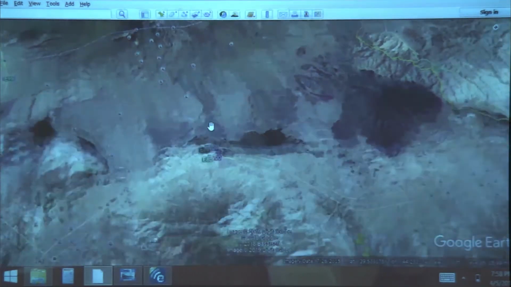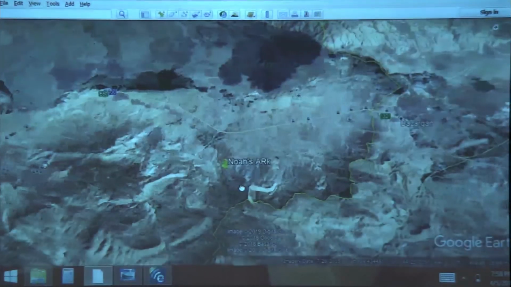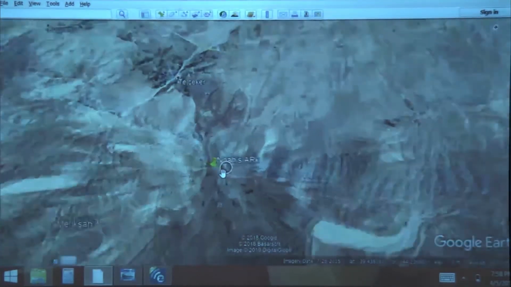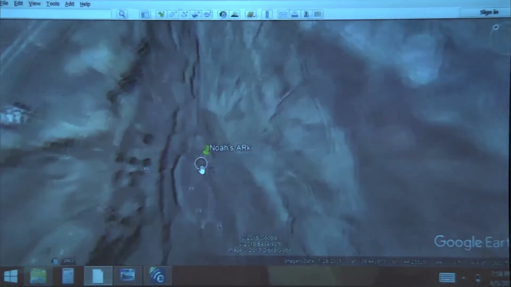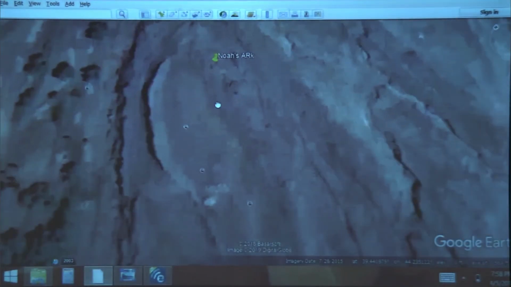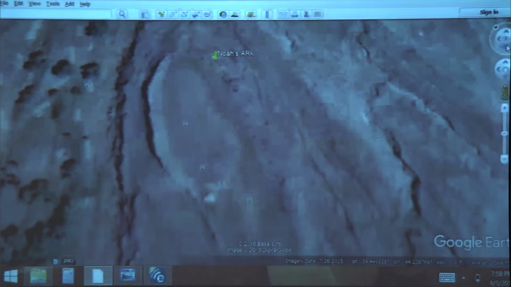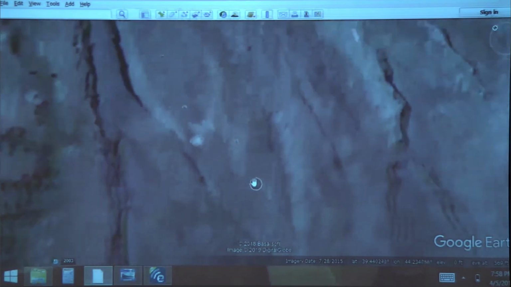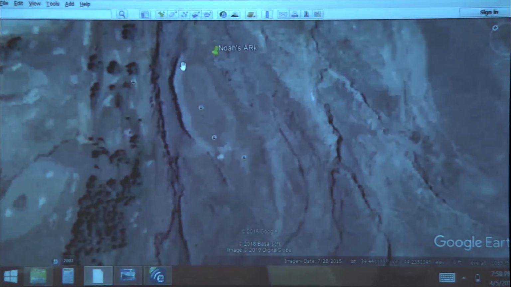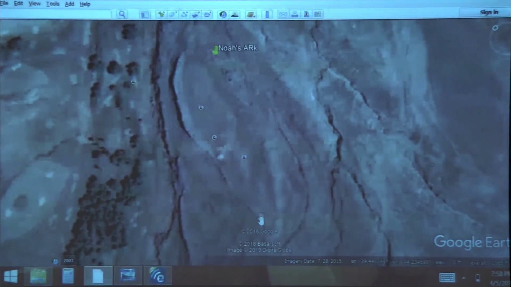There's an interesting anomaly right over here. Let me look straight down at it. You see this right here? This is 150 foot wide and 450 foot long.